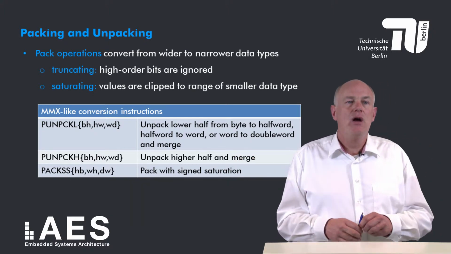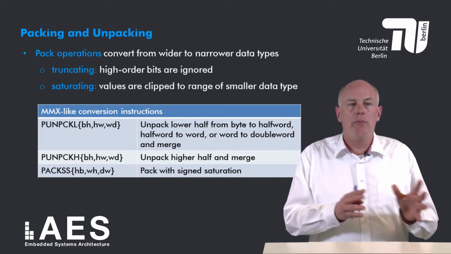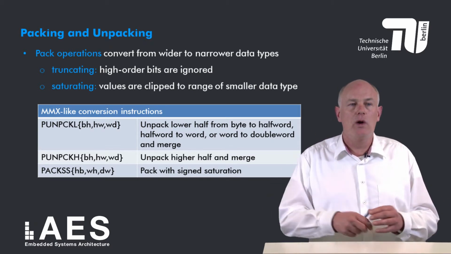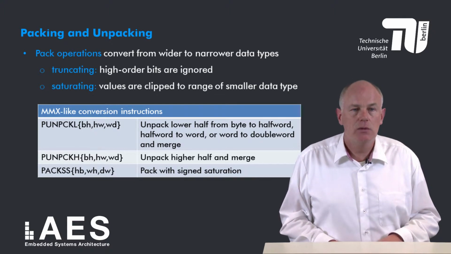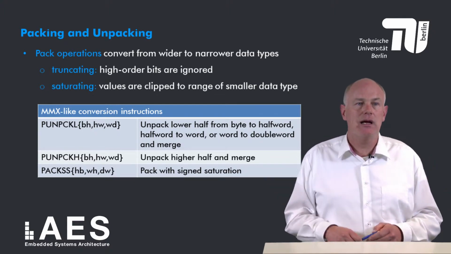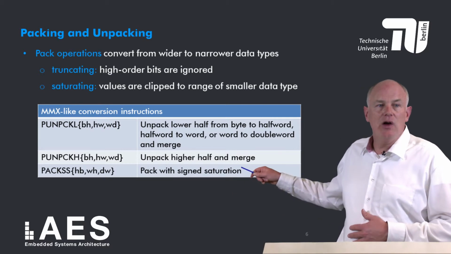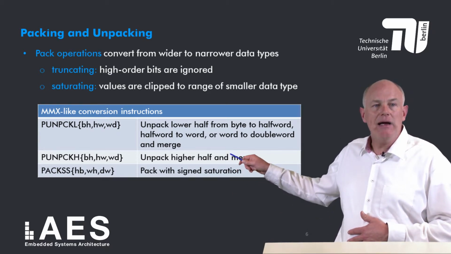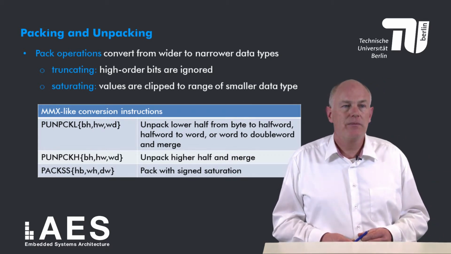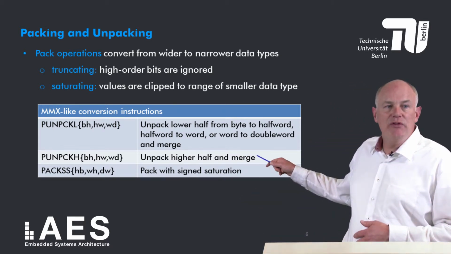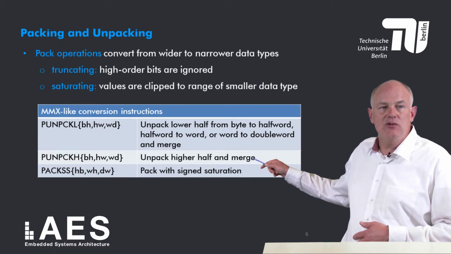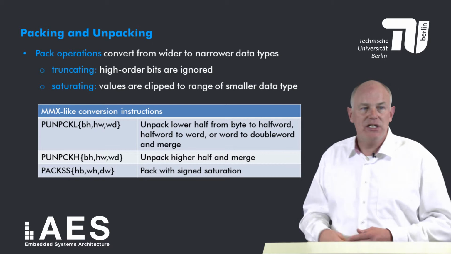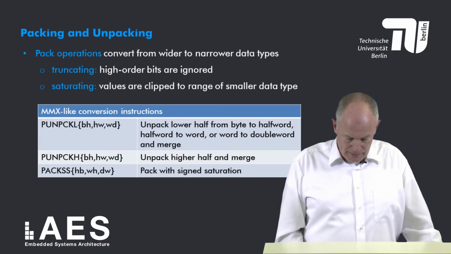These instructions unpack the lower half from byte to half word, half word to word, or word to double word, and merge. What that means I will show on the next slide. Similarly, unpack high, unpack the higher half and merge. And then we have the pack instruction with sign saturation, which performs packing and saturation, as I explained here at the top.